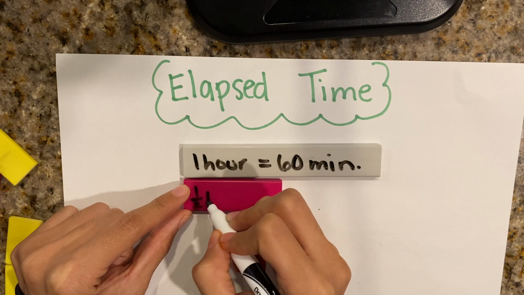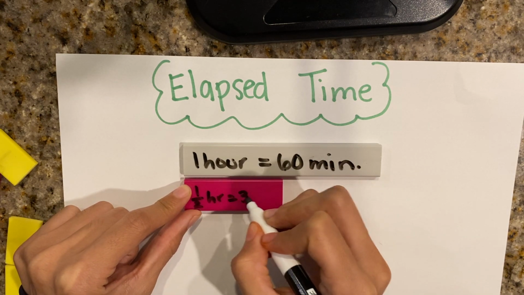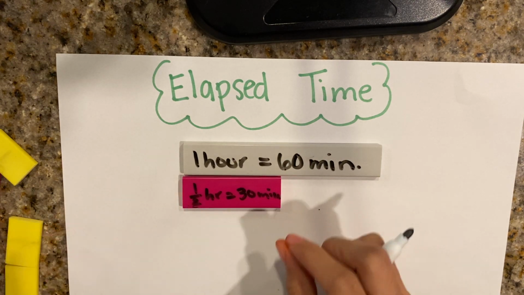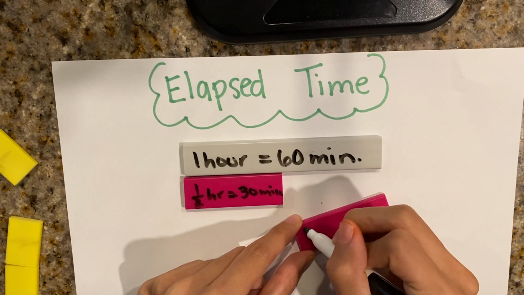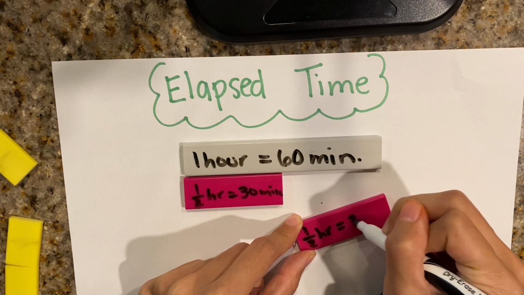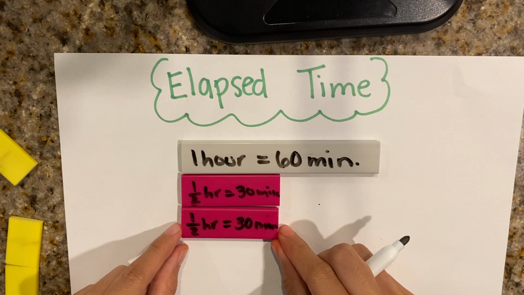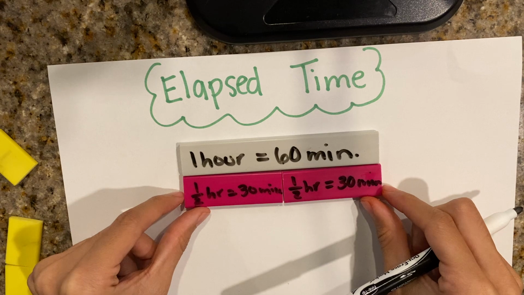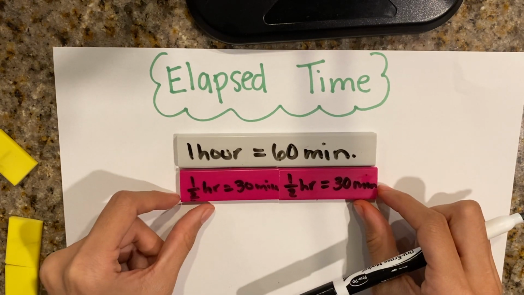Half an hour is equal to 30 minutes, because that is 1/2. If I were to add another half, I know that it would be the same thing. Half an hour is 30 minutes. They're the same, so they are both 30 minutes. 30 minutes plus 30 minutes, of course, still has to equal 1 hour, 60 minutes.